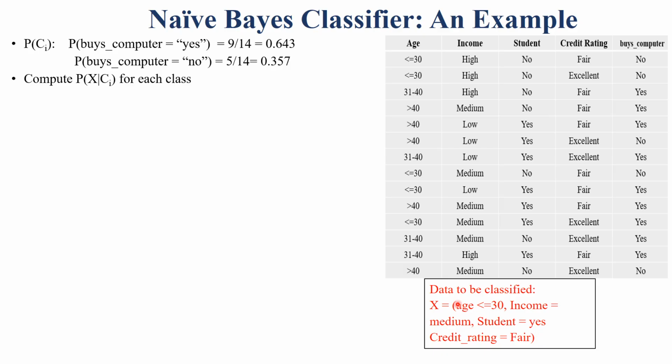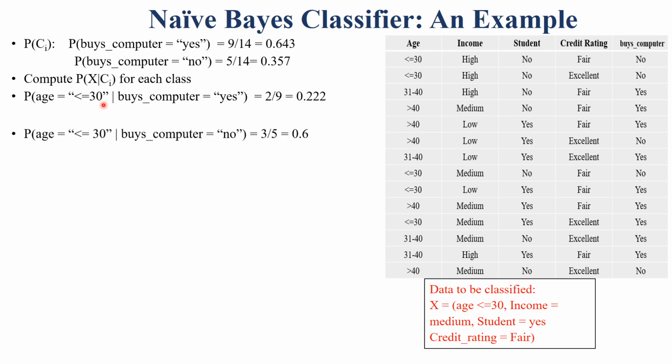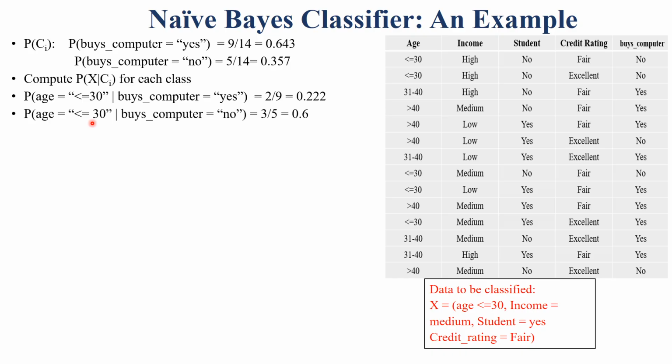Let us start with the age. Probability of age less than or equal to 30 given buys computer equal to yes is 2 by 9, which means out of the 9 records, there are 2 records which have ages less than or equal to 30. And probability of age less than or equal to 30 given buys computer equal to no: out of the 5 records, there are 3 records whose age is less than or equal to 30.